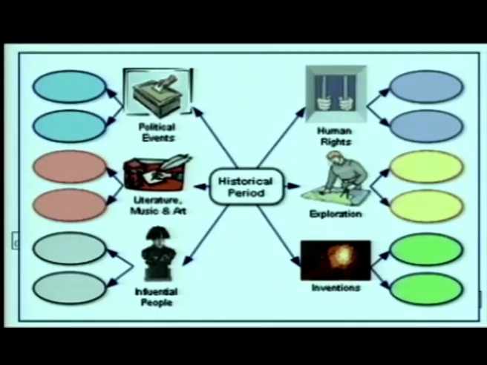Here is an example of web mapping through the internet, websites, web technologies and so on and so forth. The historical period is a concept which has been spread through different web maps that are available to the individual, and these sources of information are also available.